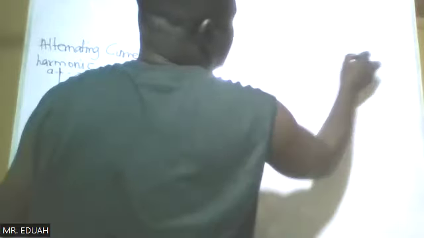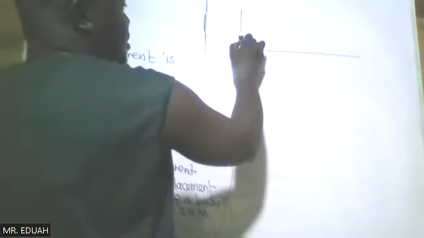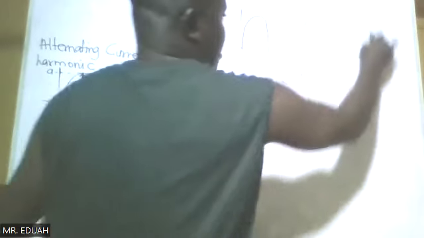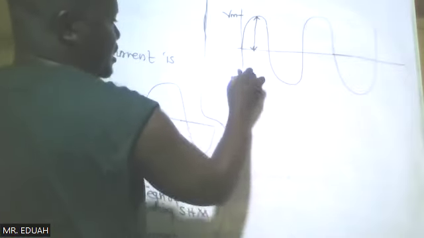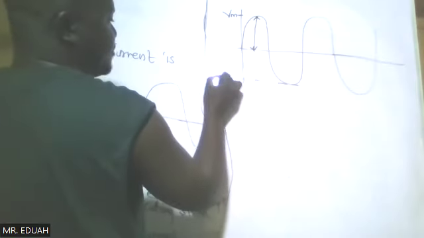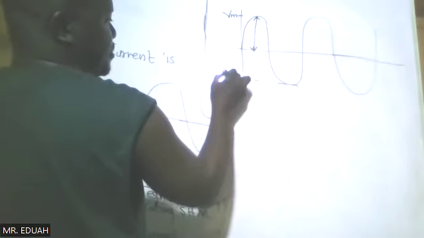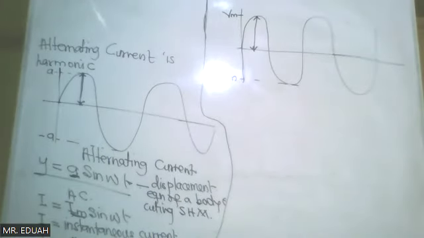If you are representing alternating voltage, this is how, the same sine function, where from this part to this part is the maximum voltage, Vm, and then minus Vm. All right.